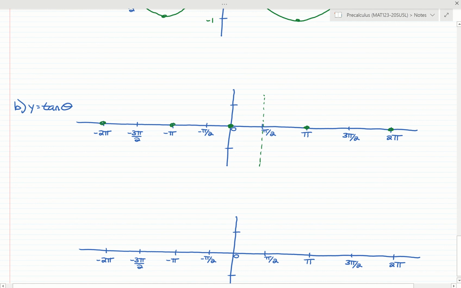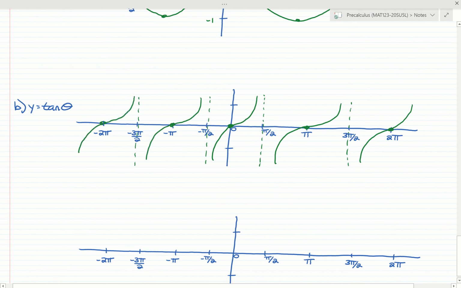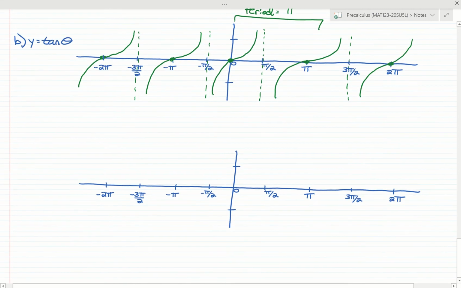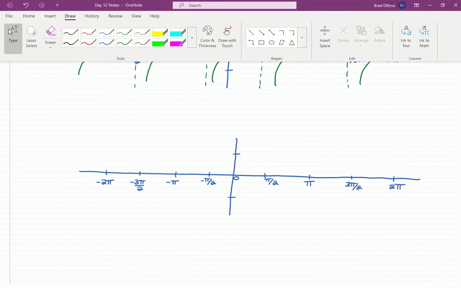And if the period's 180, 180 degrees later, it'll be undefined. 180 degrees before, it'll be undefined. And before that, it'll be undefined. So tangent's going to look like this. Remember, tangent was a cubic. So we'll just continue our pattern. Our period for tangent is going to be 180 degrees or pi radians, and there's no amplitude. We'll do one more.